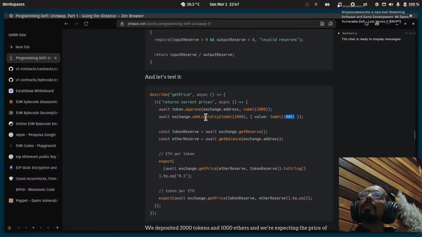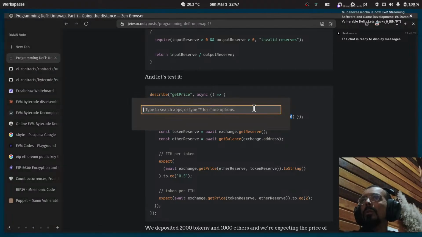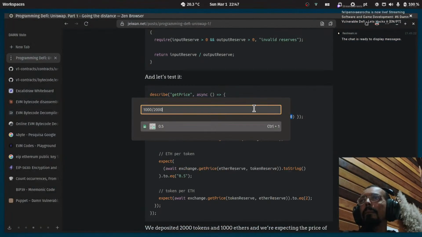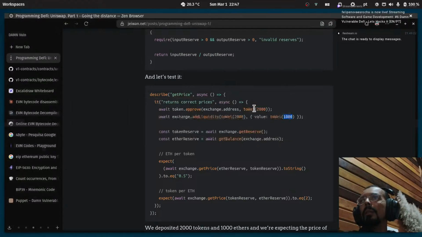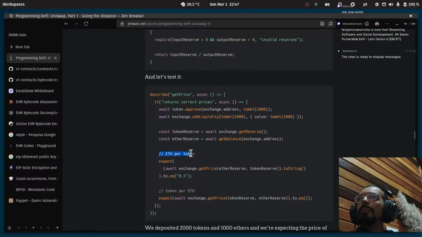So each token, wait, we have more Ethereum, right? No, we have more tokens. That should be, man, why am I so slow to do the calculation? It should be half, right? Yeah, half. So here, Ethereum per token.